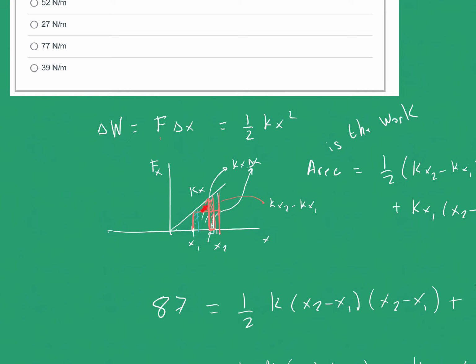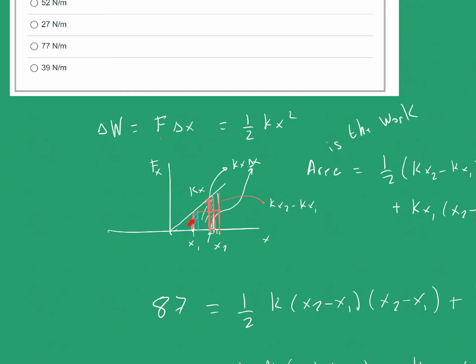So the area of the triangle, the base is x2 minus x1. So 1/2 times x2 minus x1 multiplied by kx2 minus kx1. This is the area of the triangle, and the area of the rectangle is this by this.